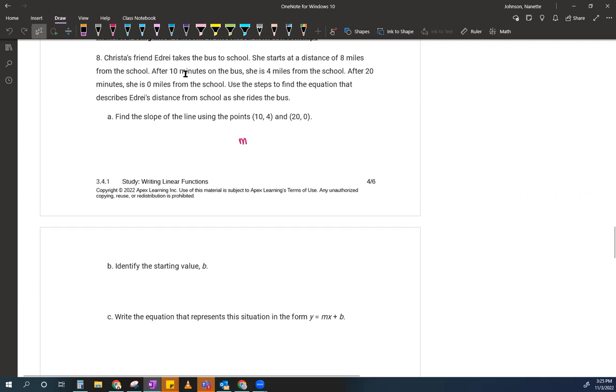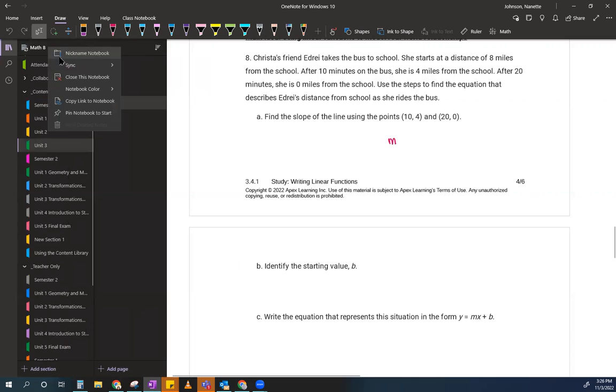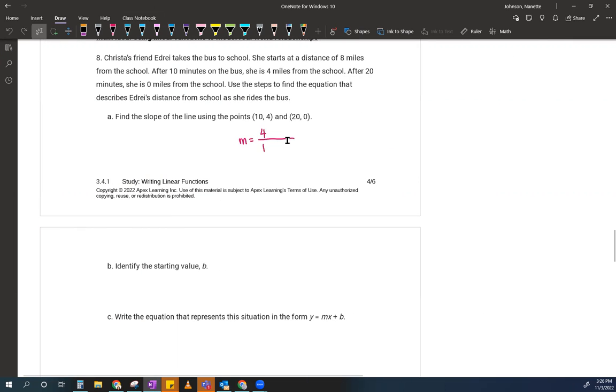Well, because they're using time as your x and distance as your y, this means that for every 2 miles, it takes them 5 minutes. Okay, so there's my slope.